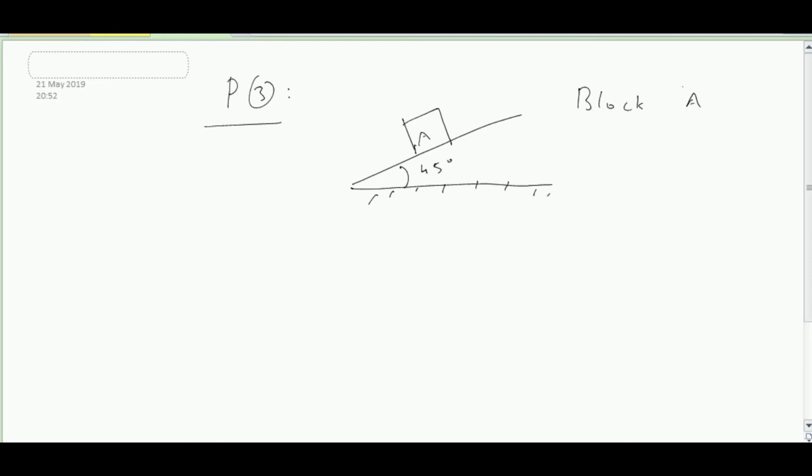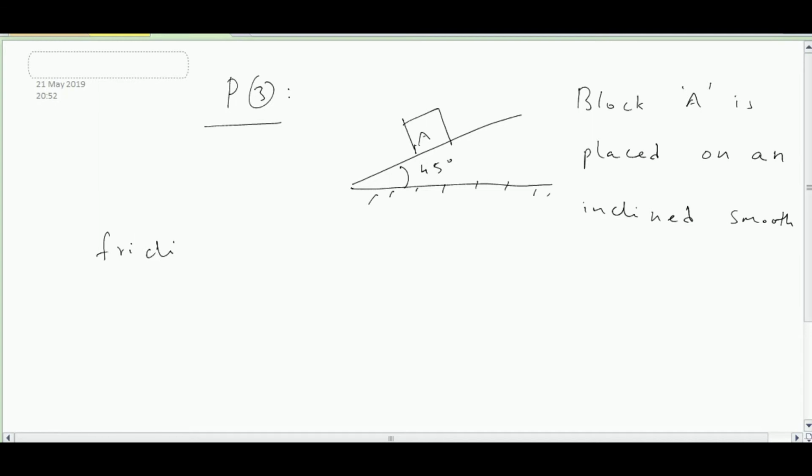See the figure. Block A is placed on an inclined smooth frictionless surface at an angle of 45 degrees, and the weight of the block is 1500 newtons. There is a force applied on the block to avoid slipping down.